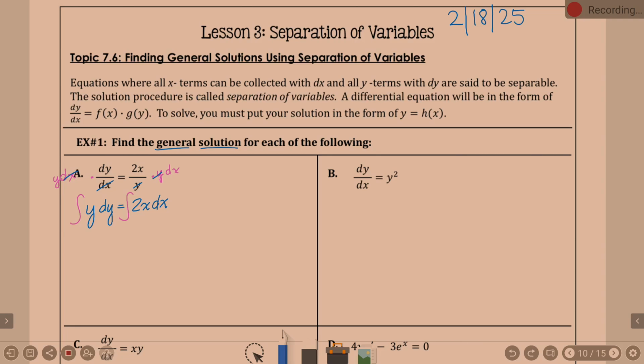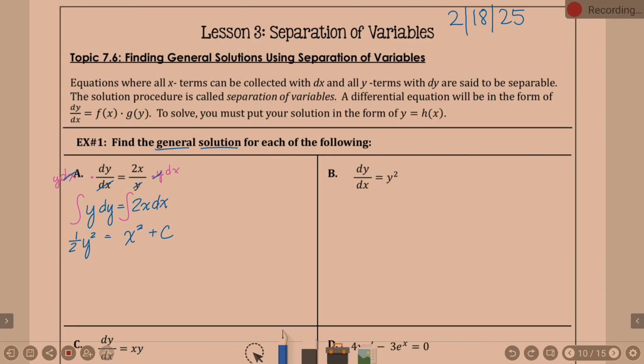Y squared. 1/2 y squared, because we're adding 1 to the power and dividing by that new power, equals, what's the integral of 2x? X squared, because you add 1 to the power, and then when you divide by that new power 2, it cancels out. And then what do we need to say here? A plus c.